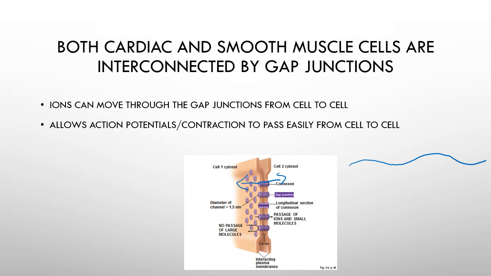Similar to that of the cardiac muscle, if we watched a heart contracting, especially if it's slowly contracting, it would almost look like somebody was squeezing the heart from one end to the other. So the apex of the heart squeezes up towards the base of the heart as it contracts. And that's that wave of contraction occurring across the cells themselves.